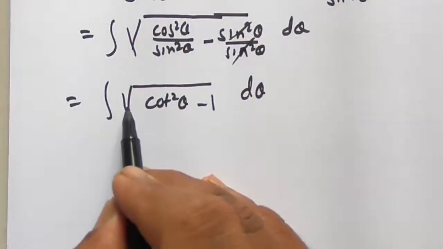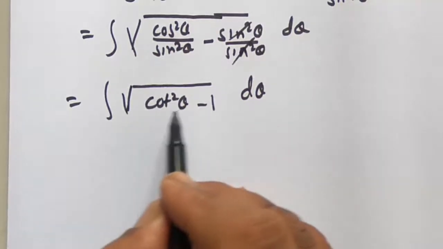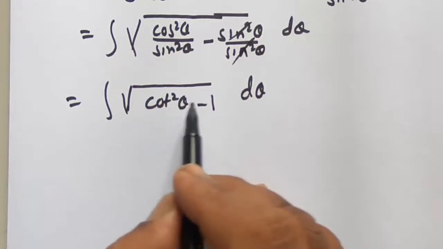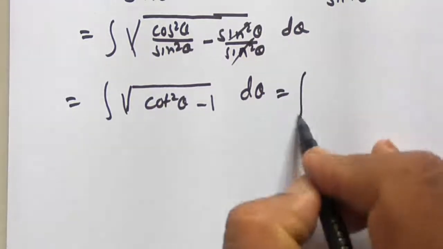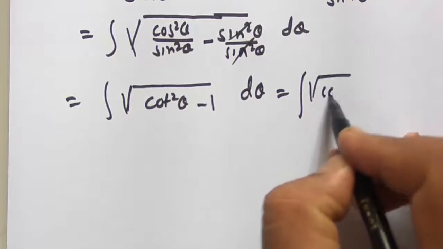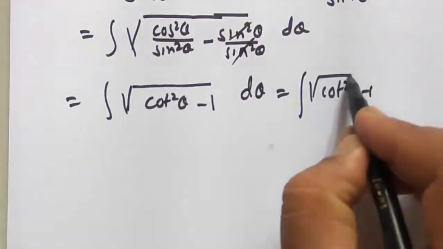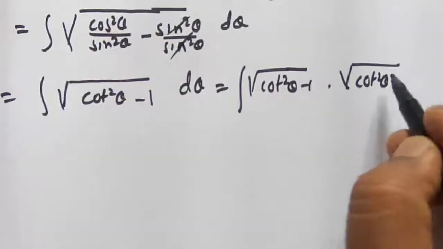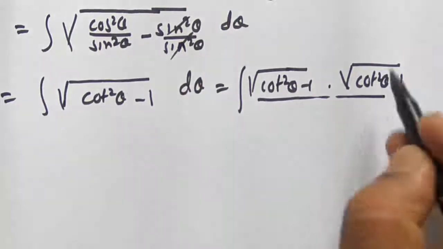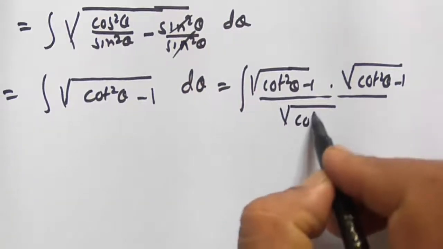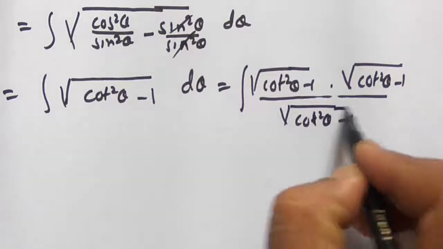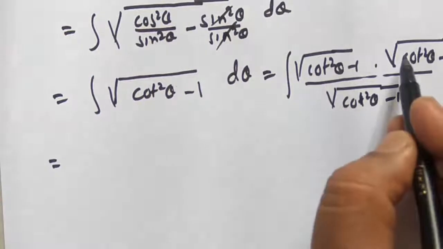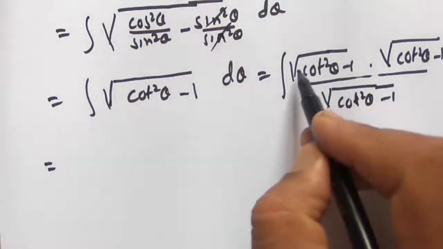Now, this is a very important step. We multiply and divide by under root of cot square theta minus 1. So this is equal to the integration of under root of cot square theta minus 1 into under root of cot square theta minus 1 upon under root of cot square theta minus 1 d theta. The multiplication of this removes the under root sign.